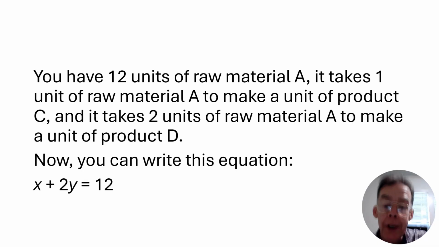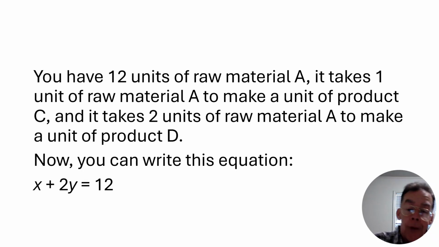The 2 is because it takes 2 units of raw material A to make a unit of product D, and the Y stands for product D, and all that equals 12, and that's the 12 units of raw material A that you have. So you distill all of these words into an equation.